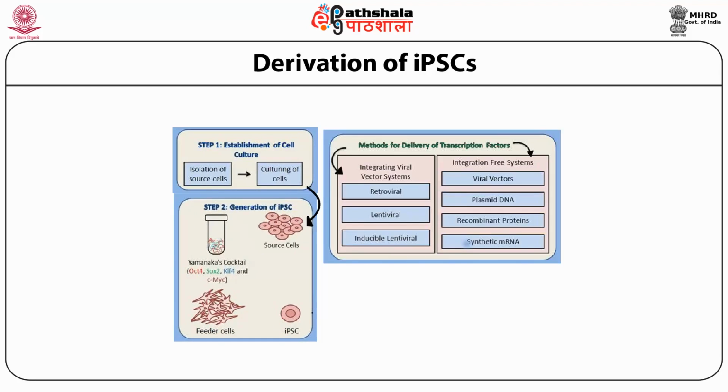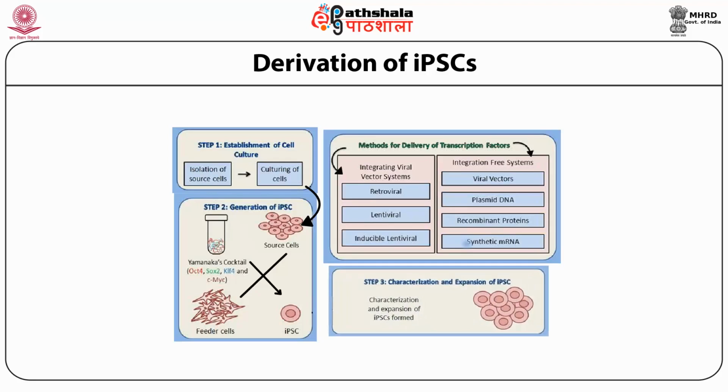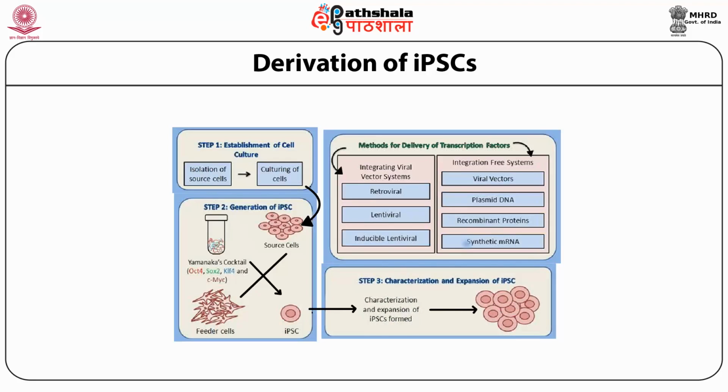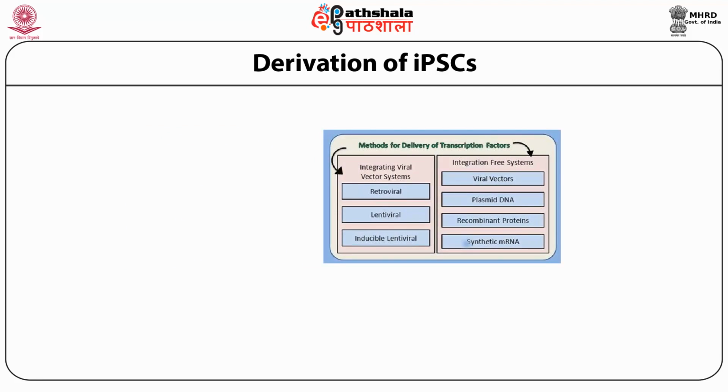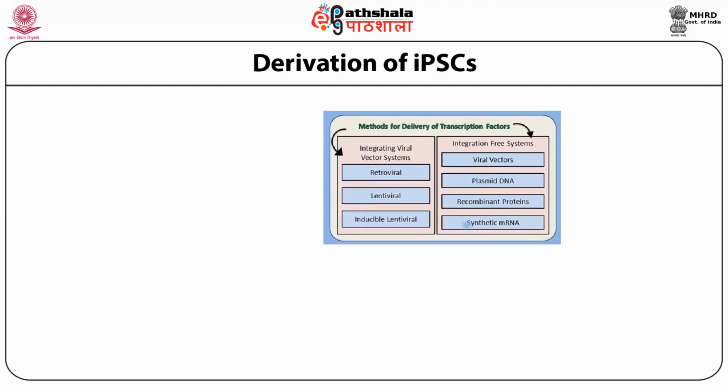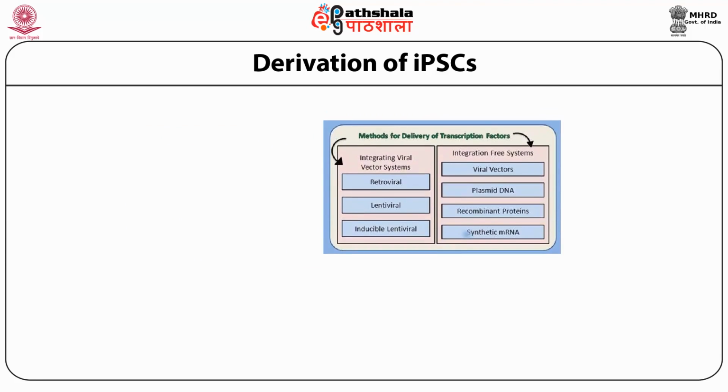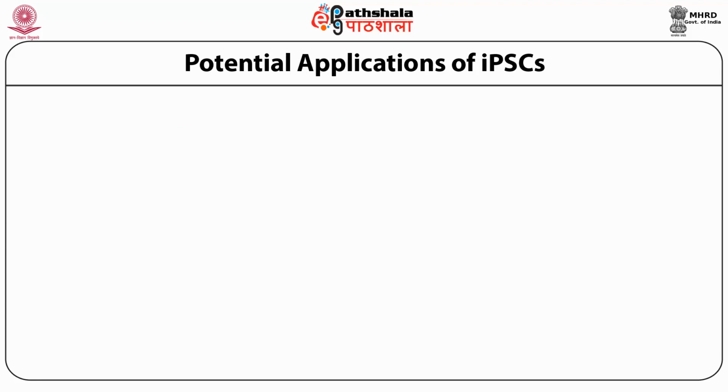We can use plasmid DNA. Instead of genes, we can also transfer synthetic mRNA and recombinant proteins into the differentiated or somatic cells for creation of iPSCs. And the final step, after the delivery of these pluripotency factors, is that we can characterize iPSCs and expand them into colonies.